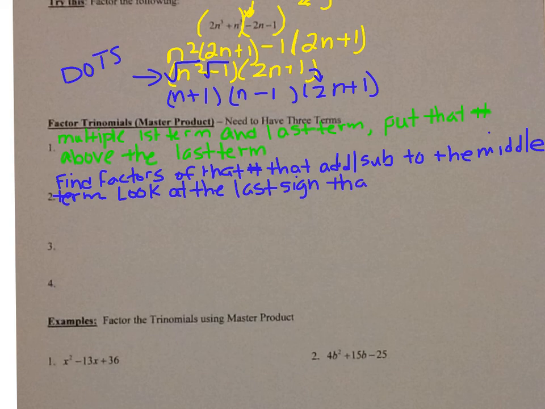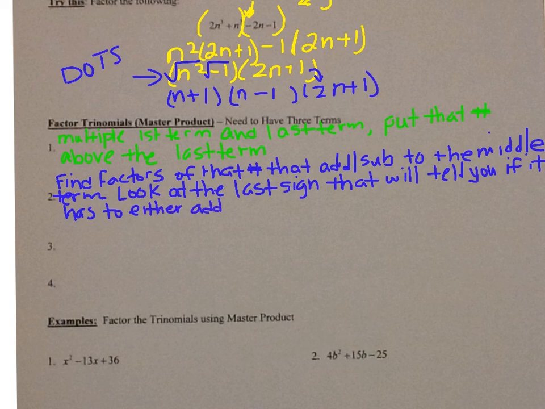That will tell you if it has to either add or subtract to the middle term. So it looks like a lot, but once you do a few, it's pretty easy.